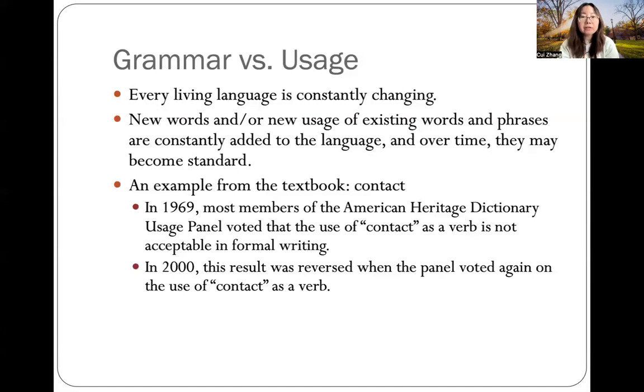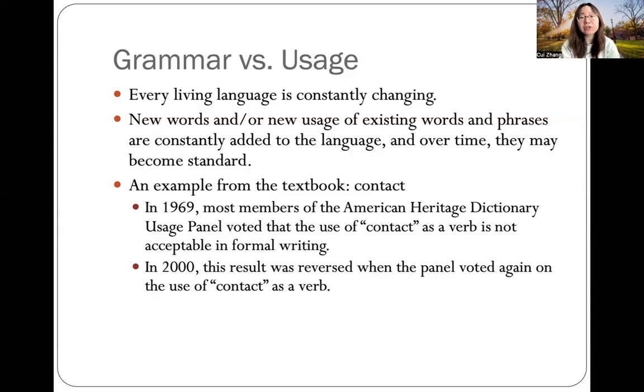Remember that the board members are voting to see if contact can be used as a verb, and this is in the context of formal writing. Of course, people have been using contact as both a verb and a noun in writing and also in spoken language.